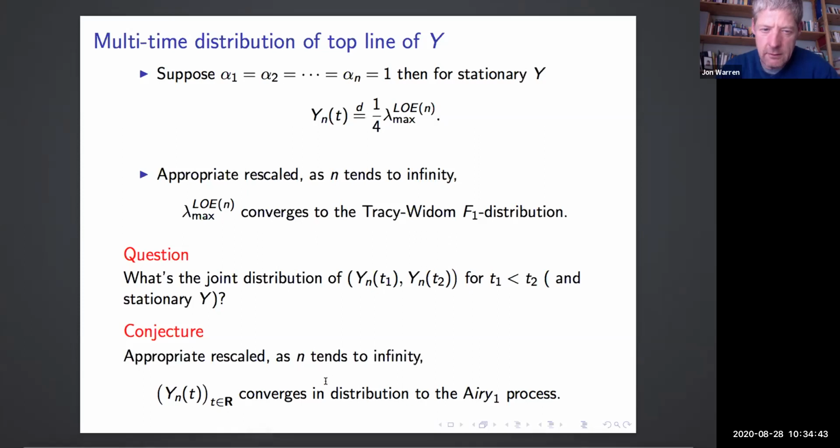Now, we tried to do this, and although I said we've got the right ingredients in the sense that we've got formulas for the stationary distribution and the transition density that will take you from T1 to T2, and they're all in a nice determinantal form, we couldn't make the sorts of arguments that have been used previously to derive Fredholm determinants in that setting work for this specific one.